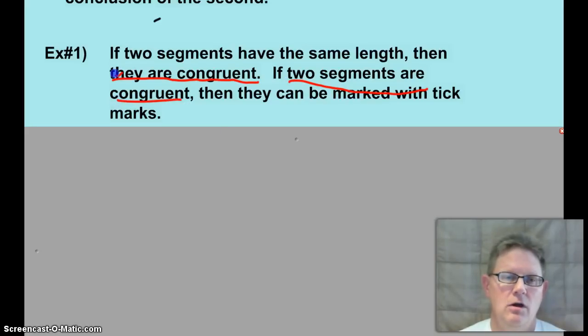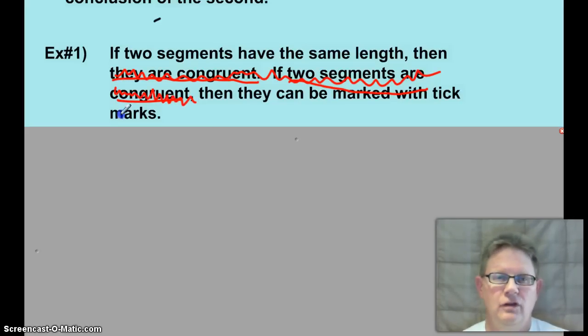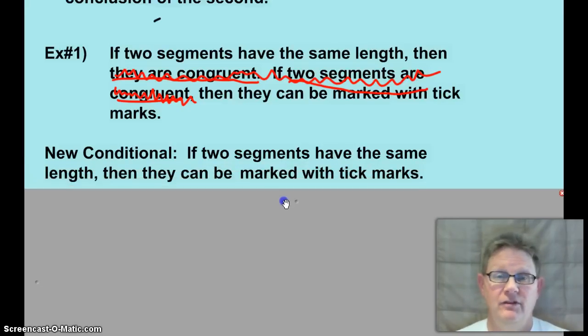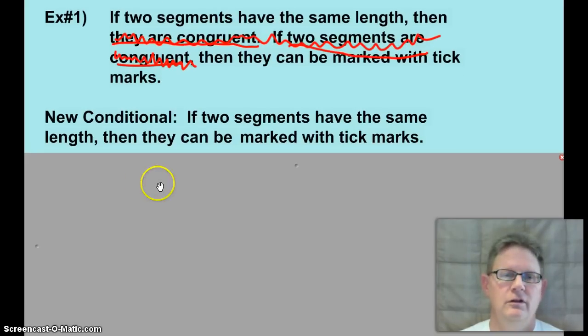So we're just going to ignore that conclusion and that hypothesis and write a new statement that says if two segments have the same length, then they can be marked with tick marks. That's what the law of syllogism does.